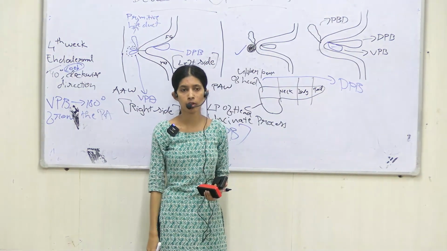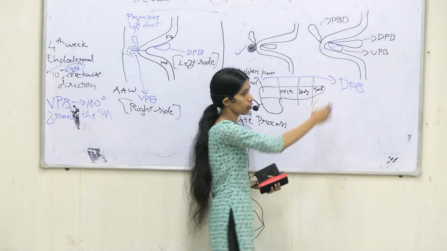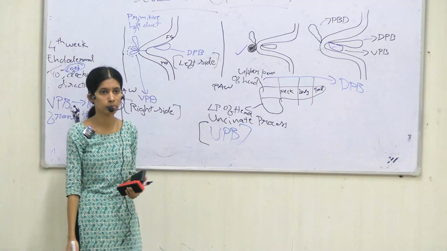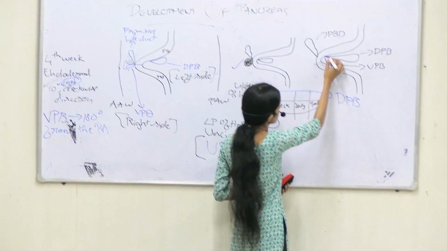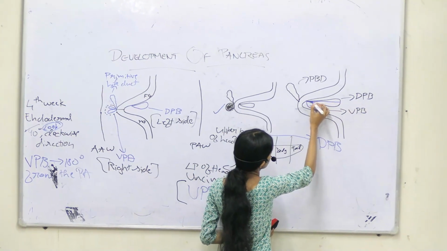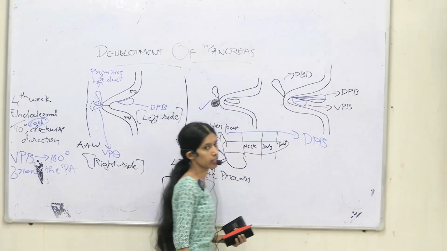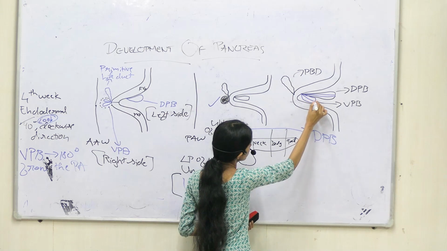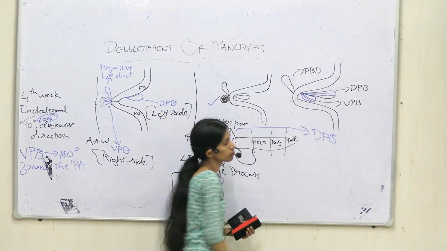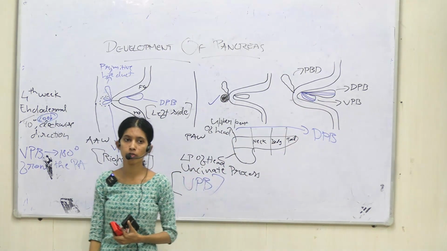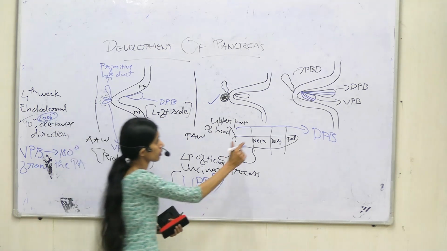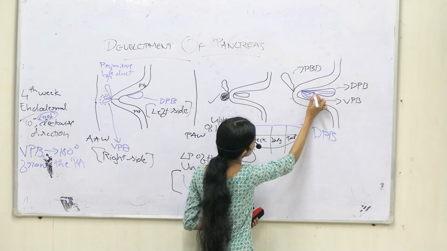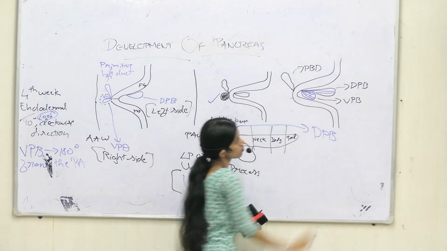For the development of the pancreatic duct, we can already see the presence of a duct in both the developing buds. This is how the duct is present, like this, in both structures. At the time of fusion of the two buds, the ducts are also going to connect with one another, like this.